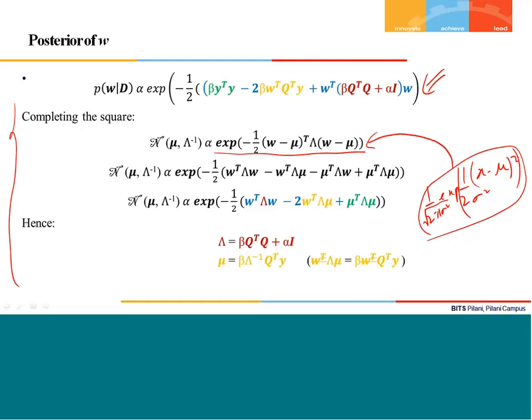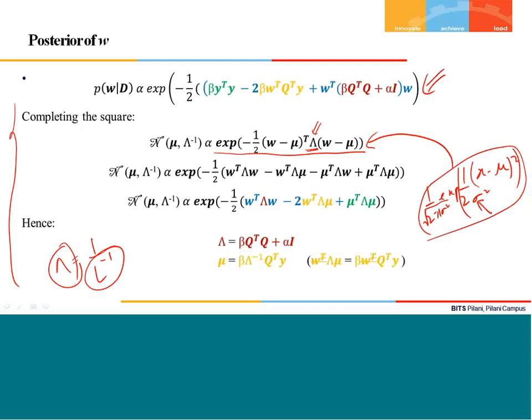Here lambda is a precision matrix, the inverse of the covariance matrix, so it is inversely proportional to the covariance matrix.